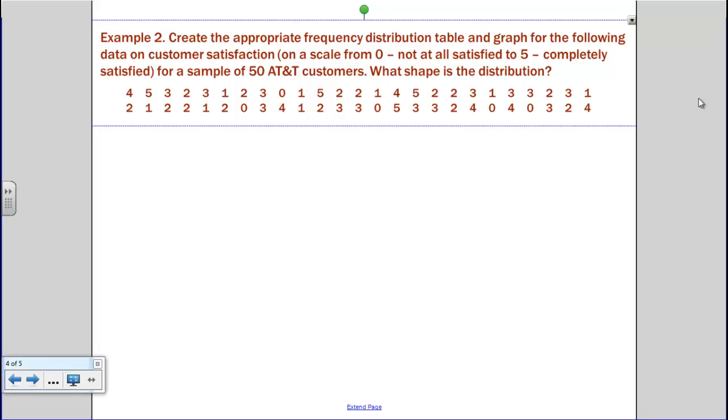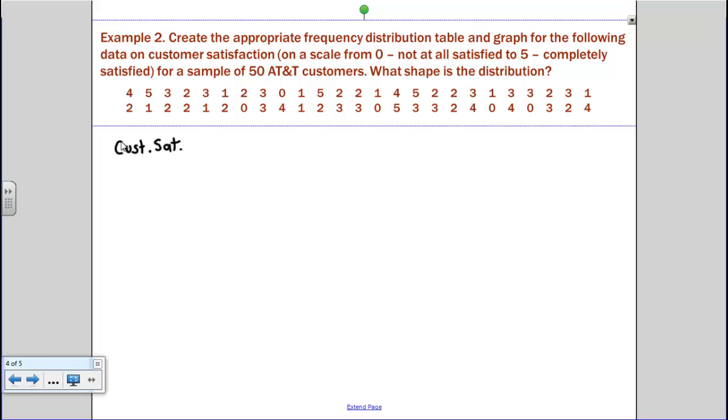So let's go ahead and start by creating the full frequency distribution table. Remember, the first step is to create a table with all of your different column labels. So I'm going to have customer satisfaction, and I'm going to just abbreviate that.